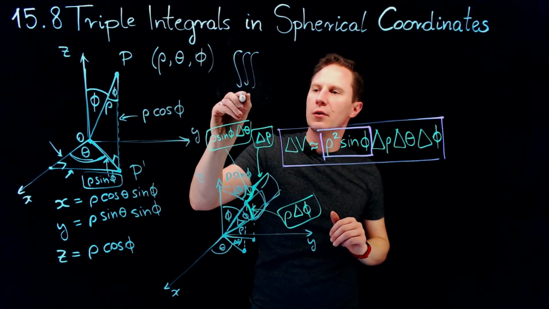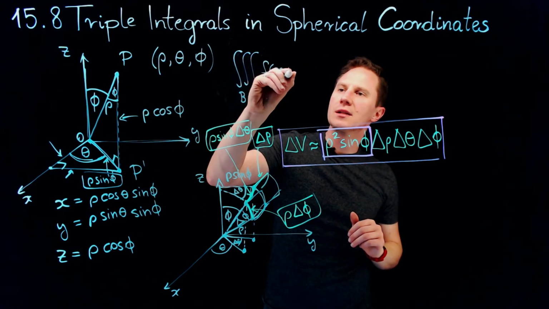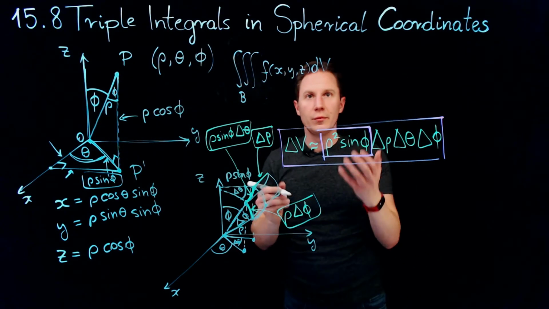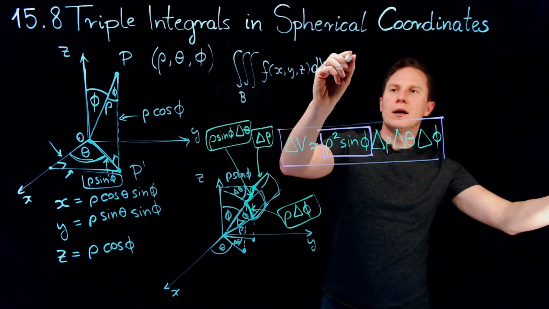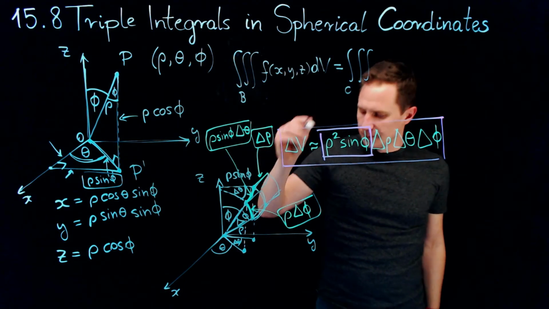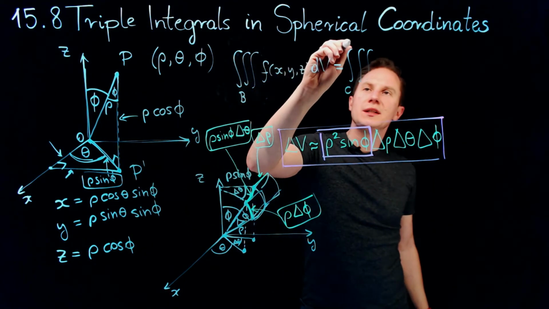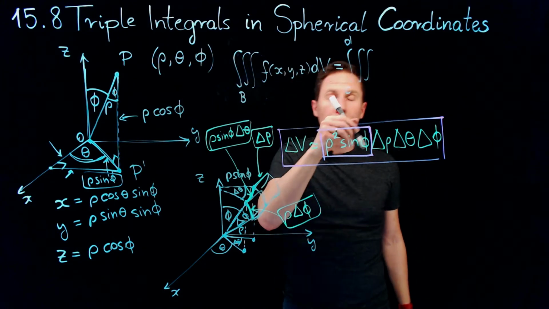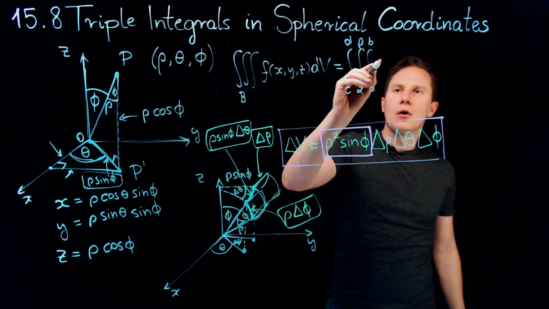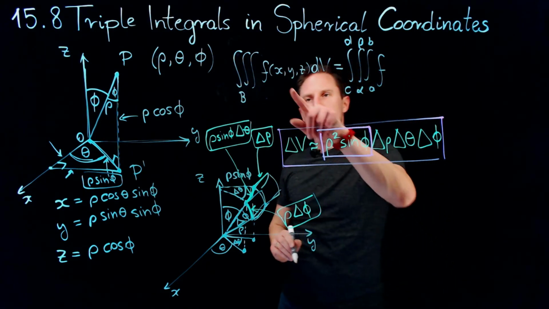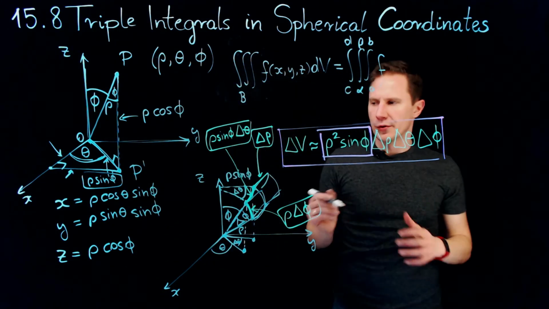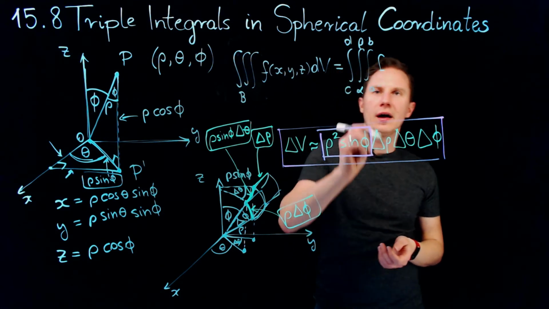So we have the triple integral over some region of a function of x, y, and z times this volume element. So this is the integral when phi changes from C to D, theta changes from alpha to beta, and rho changes from A to B, of f. So remember, x, y, and z are these expressions in terms of rho, theta, and phi.